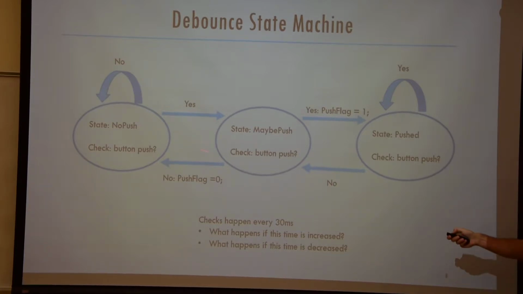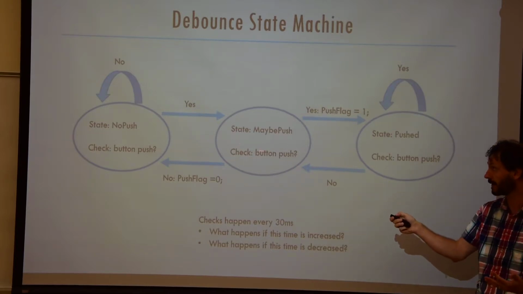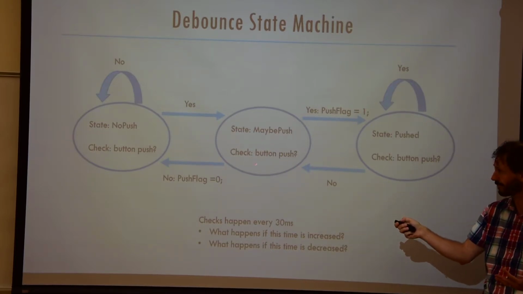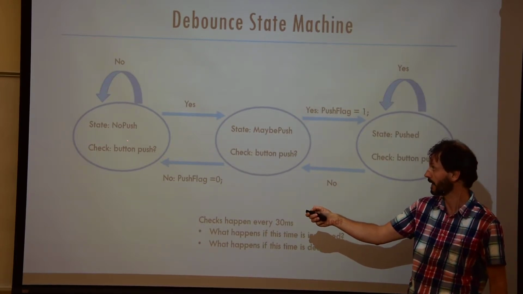Then I have confidence that yes, the switch was pushed, and I will go to the push state. Clearly, if the button is still pushed, then I will remain here, but if the button is not pushed anymore, well, not yet sure, I think it is, so I go to maybe push. And if I confirm it again, I will indeed go to the no push state.